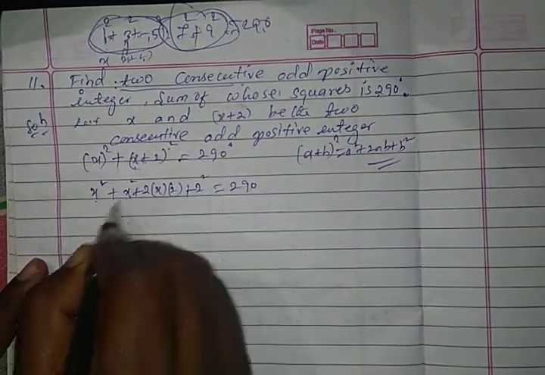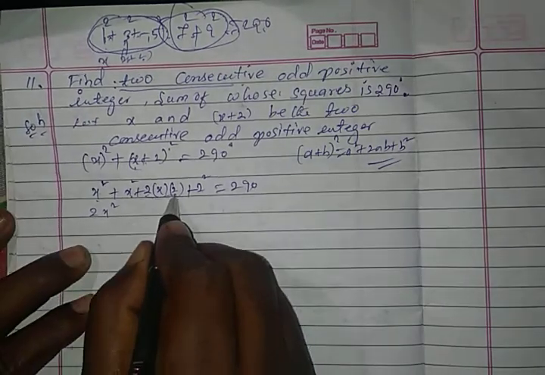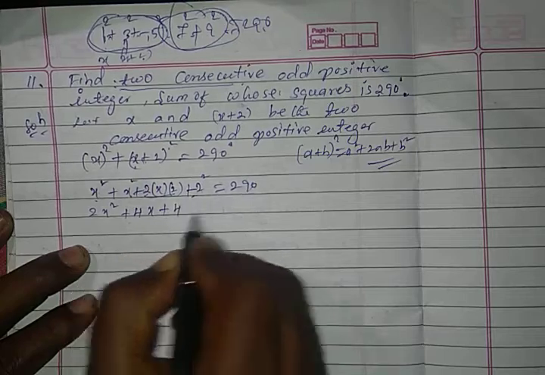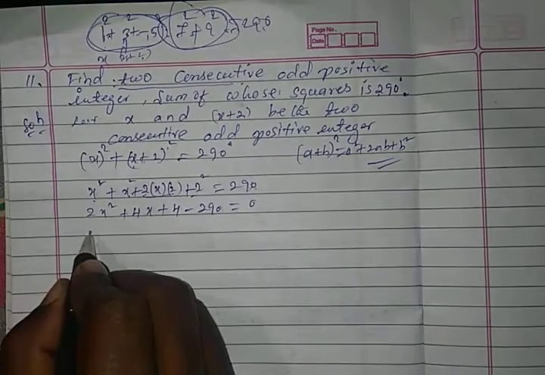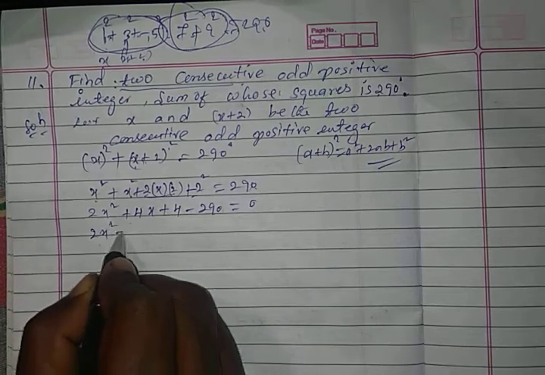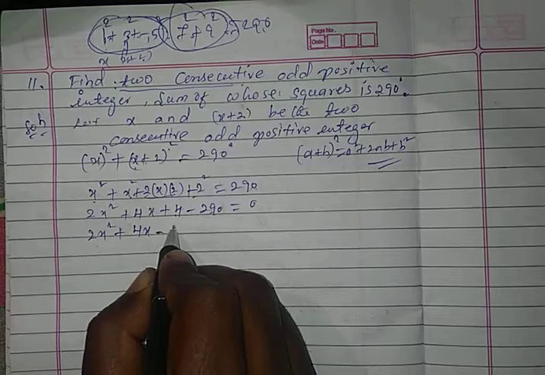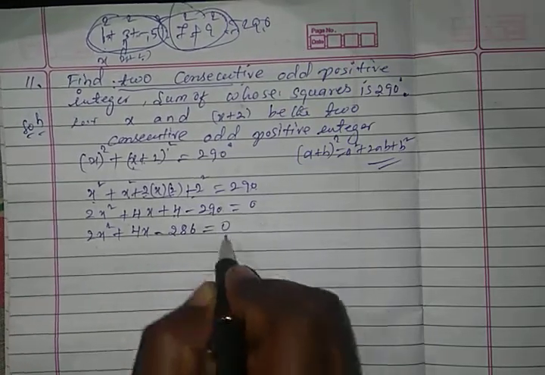Then x square plus x square is 2x square, 2 into 2 is 4x, plus 4 minus 290 is equal to 0. Then 2x square plus 4x, 4 minus 290 is minus 286, is equal to 0.